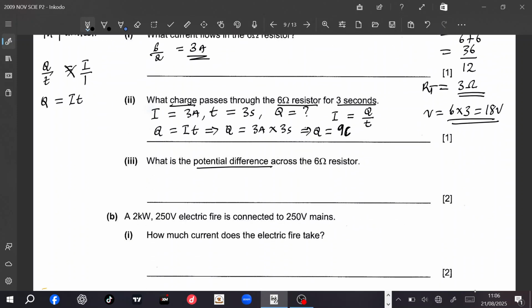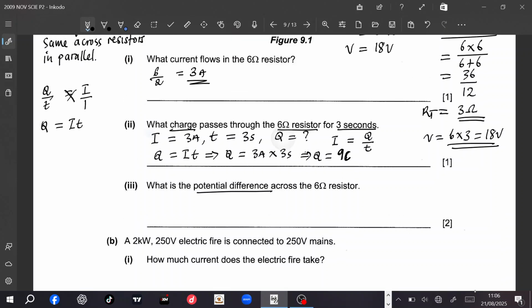In this question, where they asked what is the potential difference across the 6 ohm resistor, as long as we already know the current flowing there, it will be easy. We'll just say voltage is equal to current times resistor.